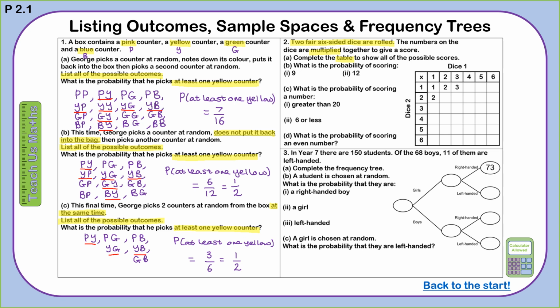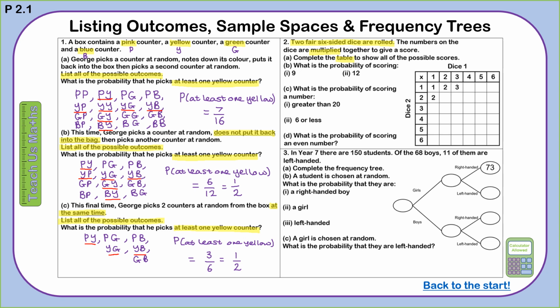Well, let's imagine first if we are using the listing outcomes method. 1 dice is rolled, event 1, and a second dice is rolled, event 2, and the numbers rolled are multiplied together to get a score.